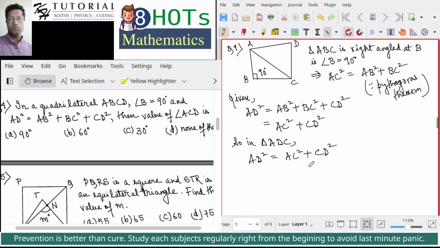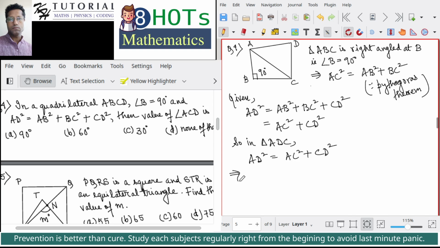Clearly we can see that the converse of the Pythagoras theorem is also true. That is, if in triangle ADC you have AD square equal to AC square plus CD square, then definitely the triangle ADC has to be right angled.